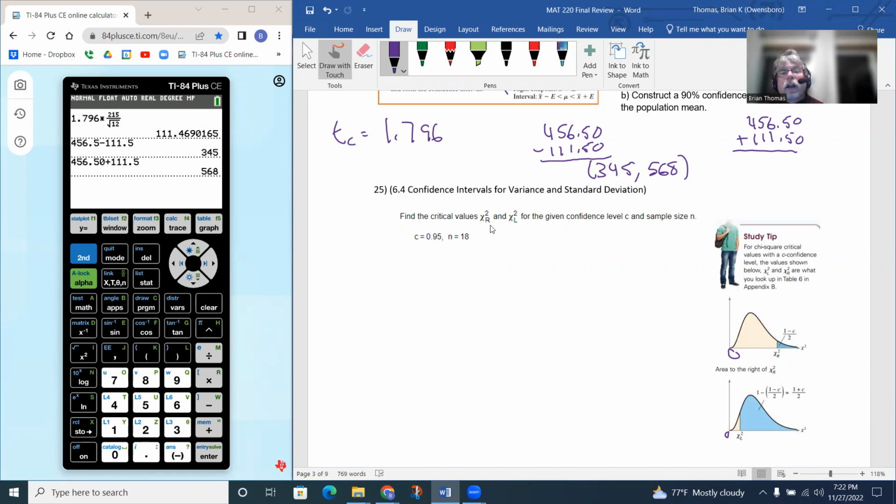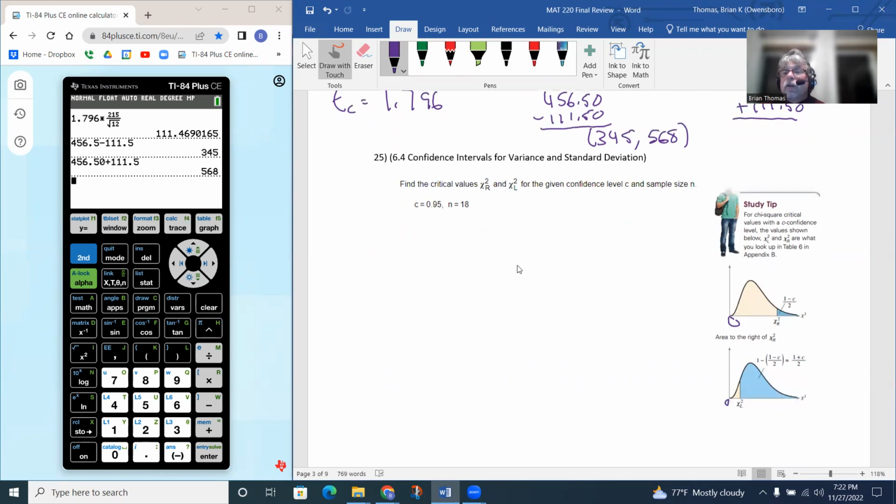So we want to find chi-squared R and chi-squared L for the given confidence level and the sample size n. So we have this confidence level of 0.95 and n equals 18. So to find chi-squared R, we can use this (1 minus c) over 2 to get the area of the curve there.